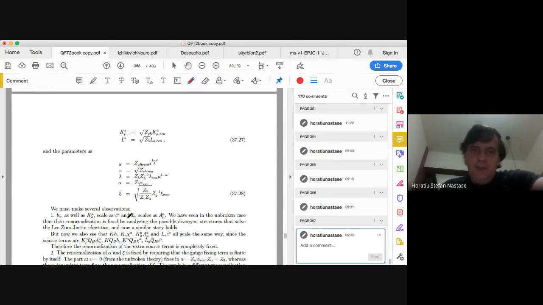The reason is that in the quantum action the source terms are source times BRST variation of field, right?